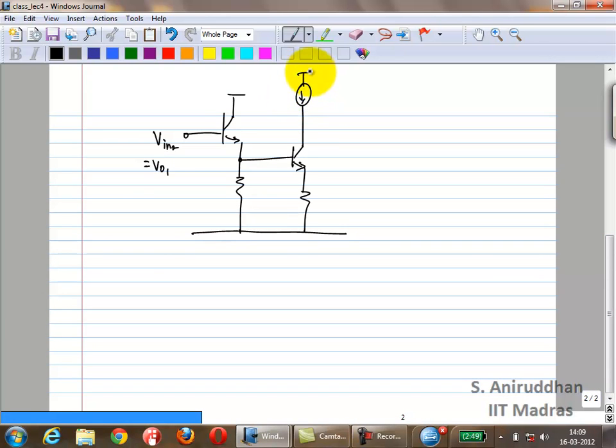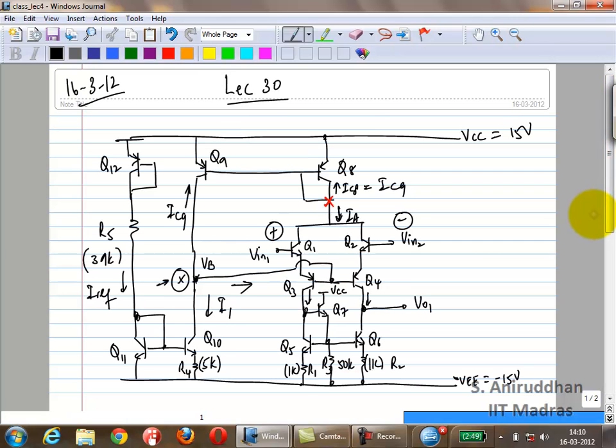I'm going to put a current source here. In a minute, we're going to look at what this current source looks like. What is not clear? What is the DC voltage at VO1? Yeah, sure. Okay, you're right, there is some resistor drop also.